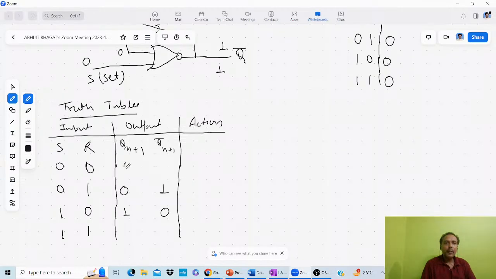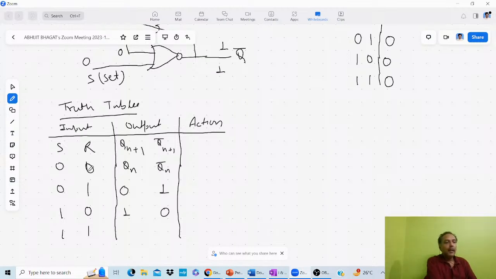So previous output is Qn and Qn bar. So whatever the previous output, it will be the same as it is if you supply the 0 0 to the input side.